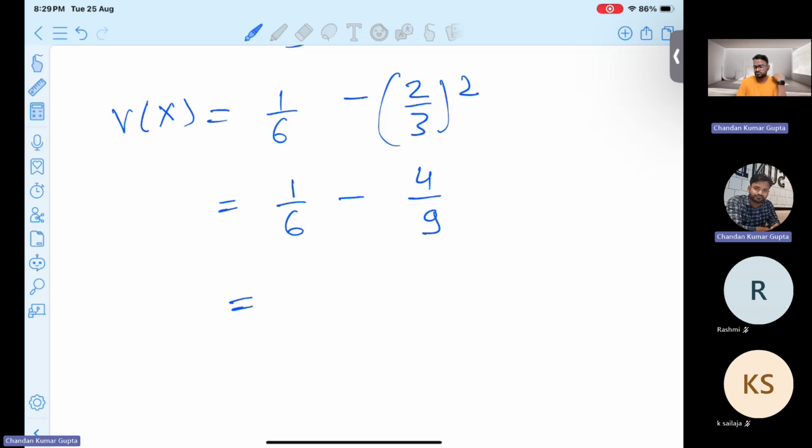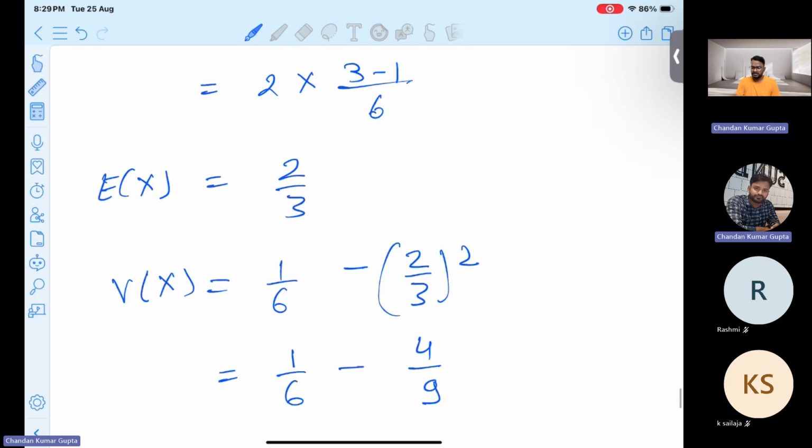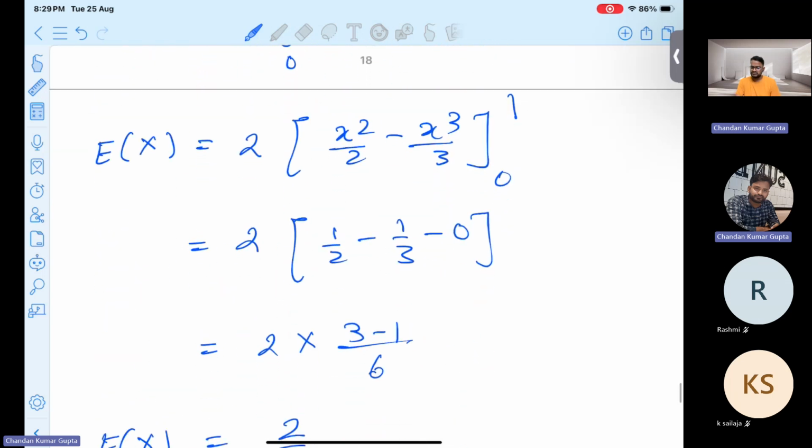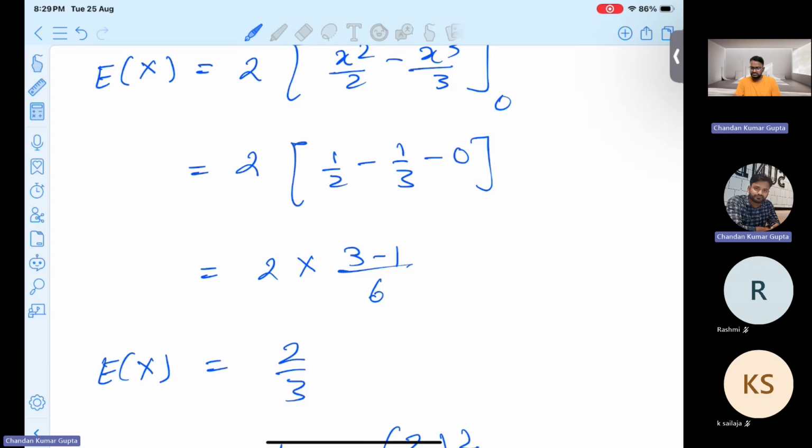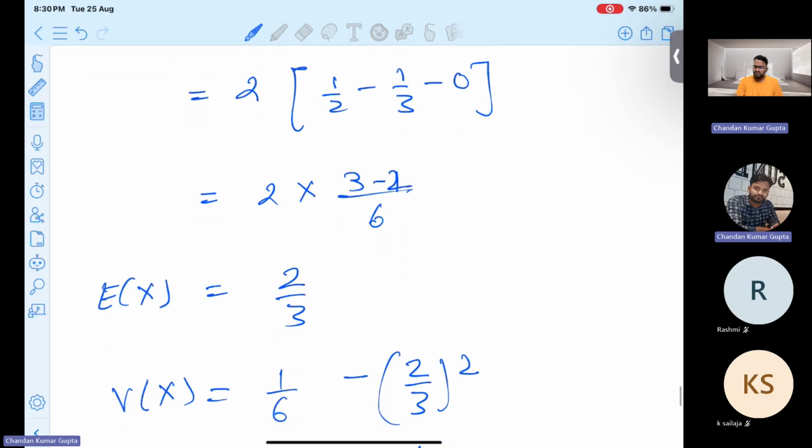So 18 is there. Variance is the expectation of x square minus the expectation of x whole square. Have we calculated right? It's 3 minus 2, yes. It comes out to be 1 by 3, not 2 by 3. That's why I'm confused.